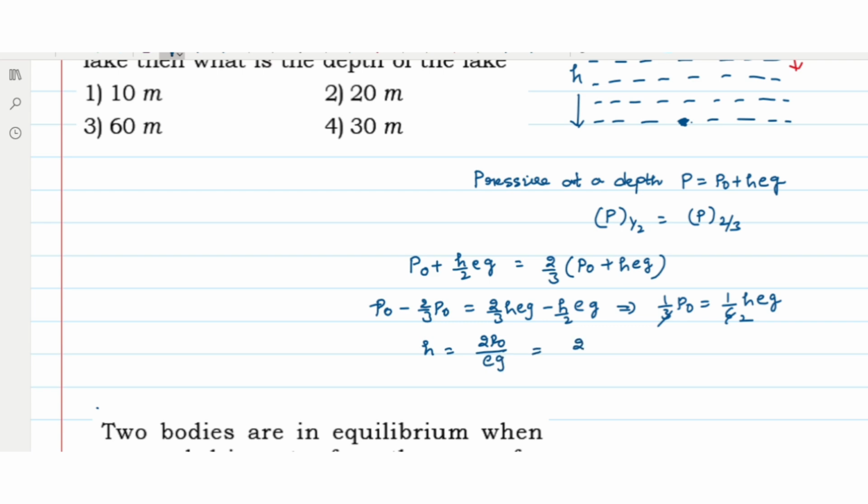P naught is atmospheric pressure, approximately 10⁵ pascal; rho is the density of water, 10³ kg per meter cube; and acceleration due to gravity is 10. Cancelling the powers of ten, 10⁴ gets cancelled and 10 is left over. 2 into 10 is 20 meters. So the depth of the lake h equals 20 meters, and option second is the right answer.